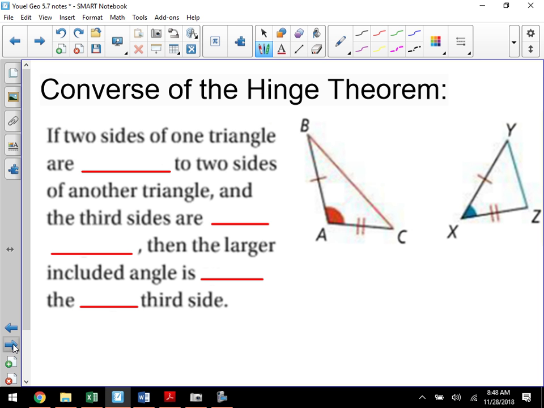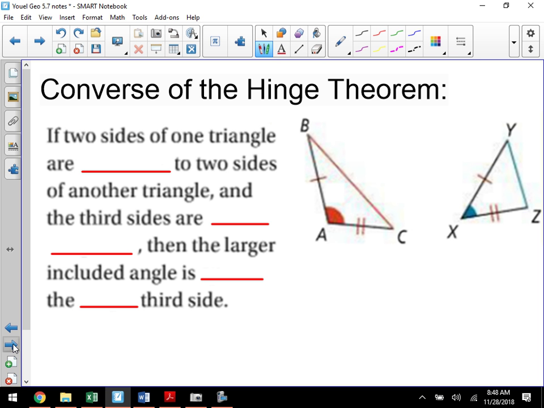If instead this is 11, and this is 17, which angle has to be bigger? It's the same thing going back.